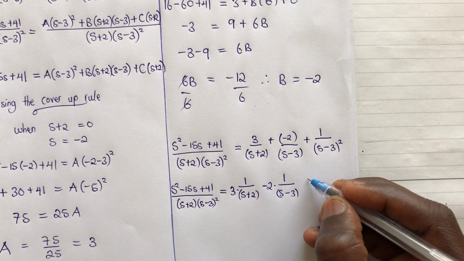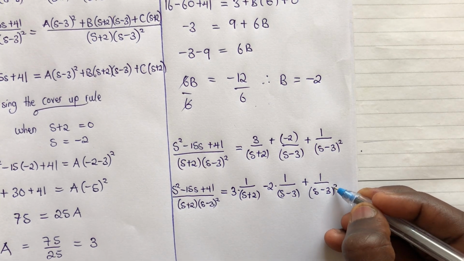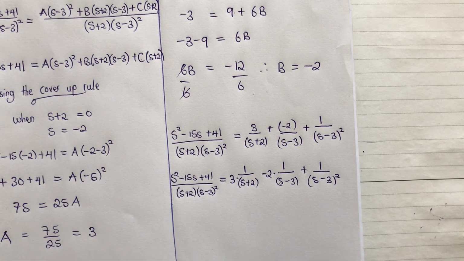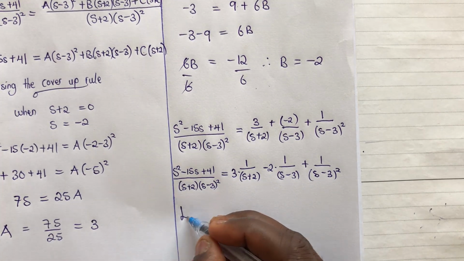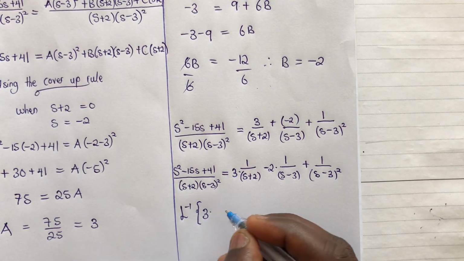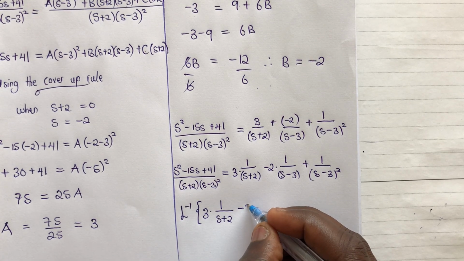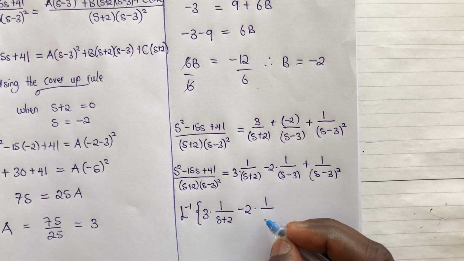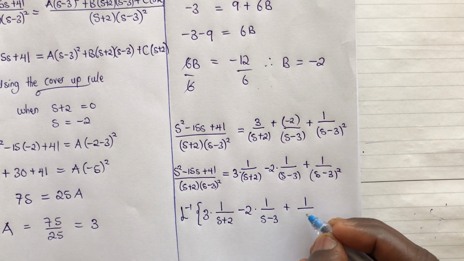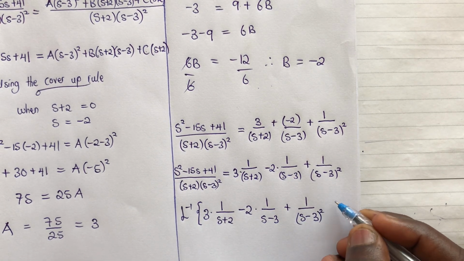We still have 1 over s minus 3 all square. So now we can find the Laplace inverse of this. So how do we do it? We say that Laplace inverse of our result, 3 times 1 over s plus 2 minus 2 times 1 over s minus 3 plus 1 over s minus 3 all square.